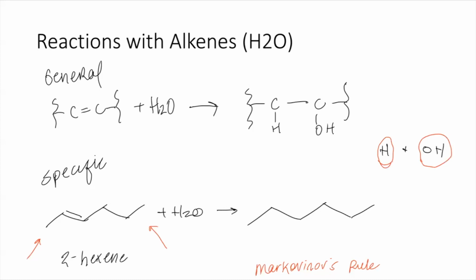So this group, the one that's not the hydrogen, is the more rich group, where hydrogen is the poor group. And we want to add the rich group to the more substituted carbon. So if we're choosing between this carbon and this carbon, we want to add it to the more substituted one.